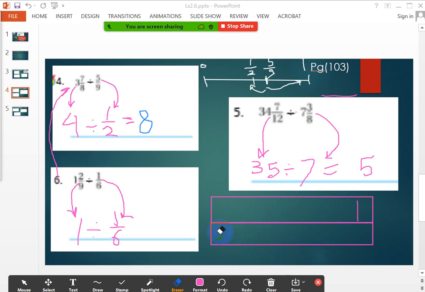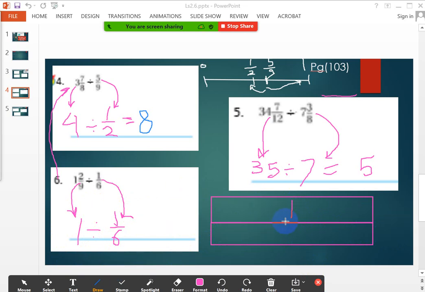One means what? Means a whole, right? So I will draw the fraction strip that represents the first number, which is 1. So 1 is a whole. Now I want to draw the fraction strip that represents 1 over 6. 1 over 6 means I have to divide the fraction strip into 6 equal parts.